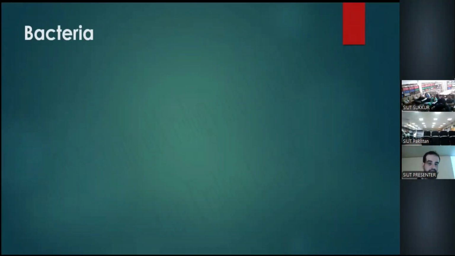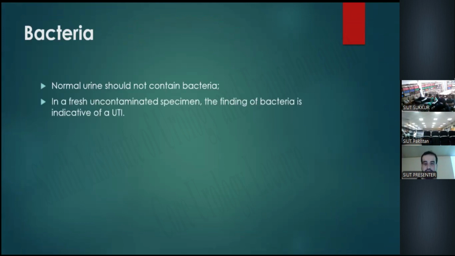So bacteria. Normal urine shouldn't contain any bacteria. In a fresh, uncontaminated specimen, the finding of bacteria is indicative of UTI.